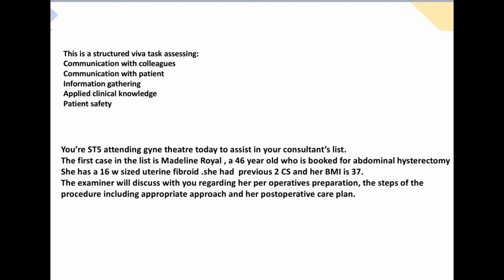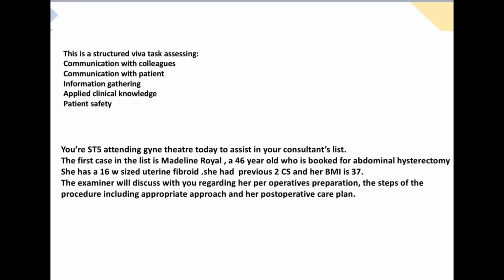But if we are going to remove the ovaries, we need to explain to her that if she is not willing to take HRT, that will put her straight into menopause, and she may suffer from menopausal symptoms, including night sweating, hot flushes, and also anxiety, depression, mood swings, and all the menopausal symptoms, unless she is taking HRT till the usual age of menopause.